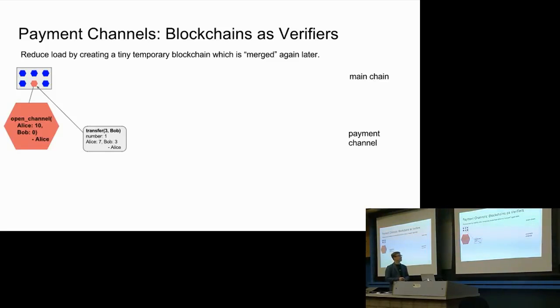And Alice basically signs this whole transaction, which means she confirms that in her opinion, this is the current state of the payment channel. And she also adds a number to this transaction in the payment channel, which is a sequence number that is incremented with every transaction. Now, Bob can send a similar transaction where he transfers 2 tokens to Alice. He increments the sequence number, updates the state, and also signs the transaction.